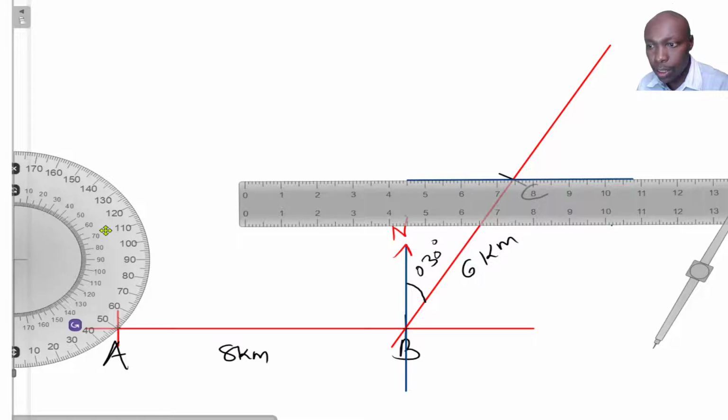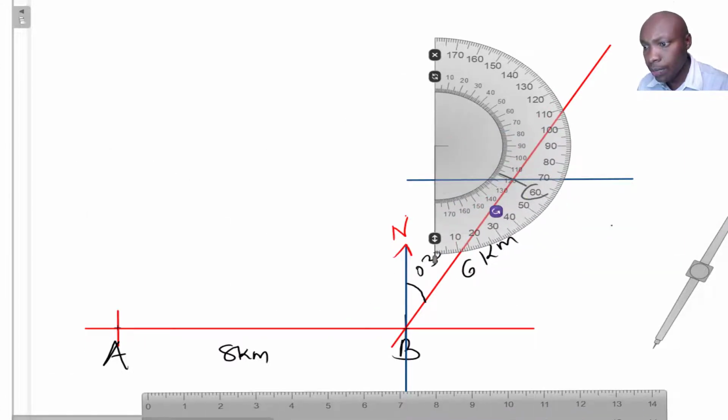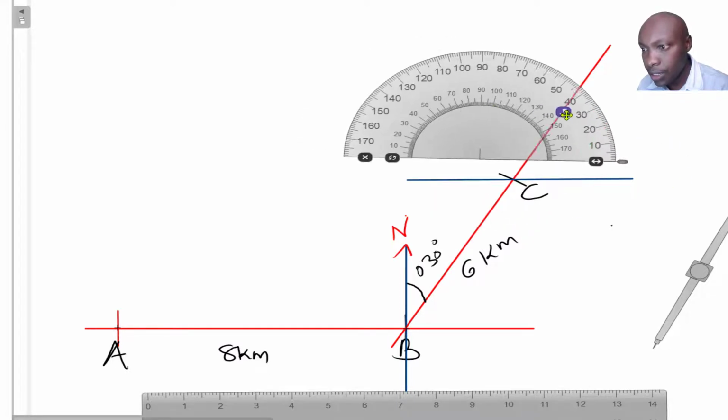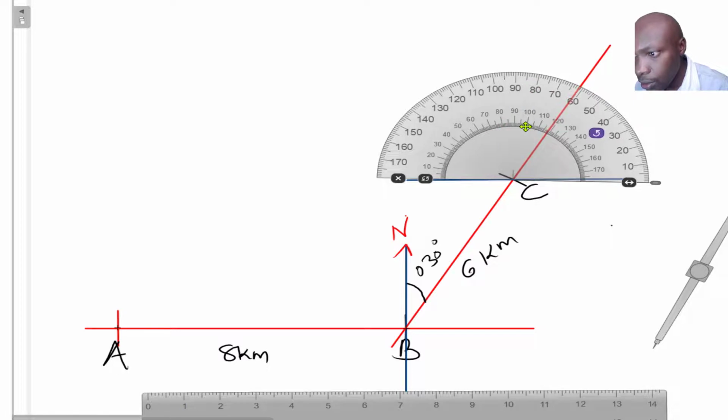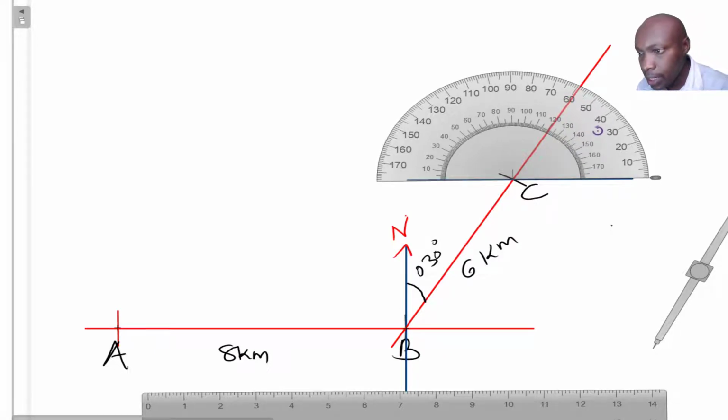That is the case. I should ensure that the pair of compasses, the points of the compass, are at 90 degrees. So ensure that when you're measuring, this is always 90.